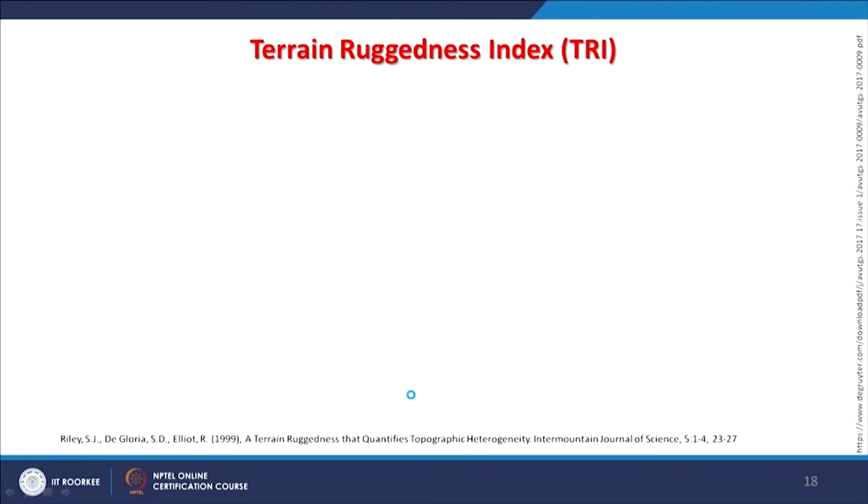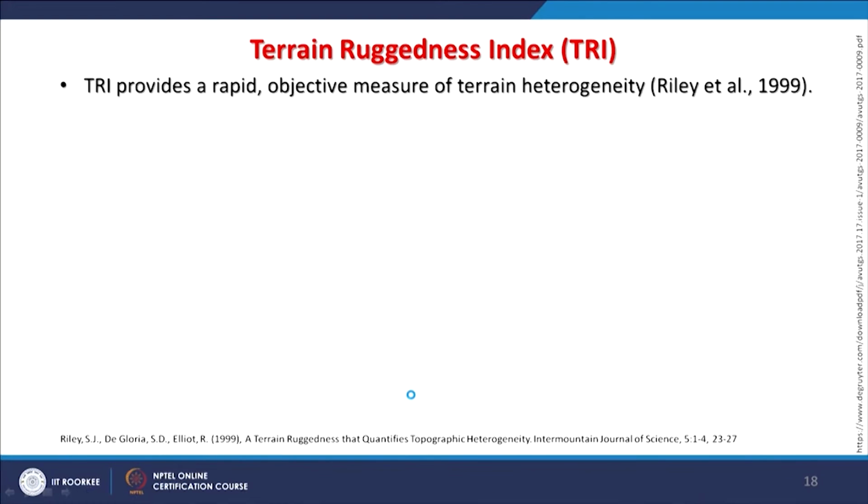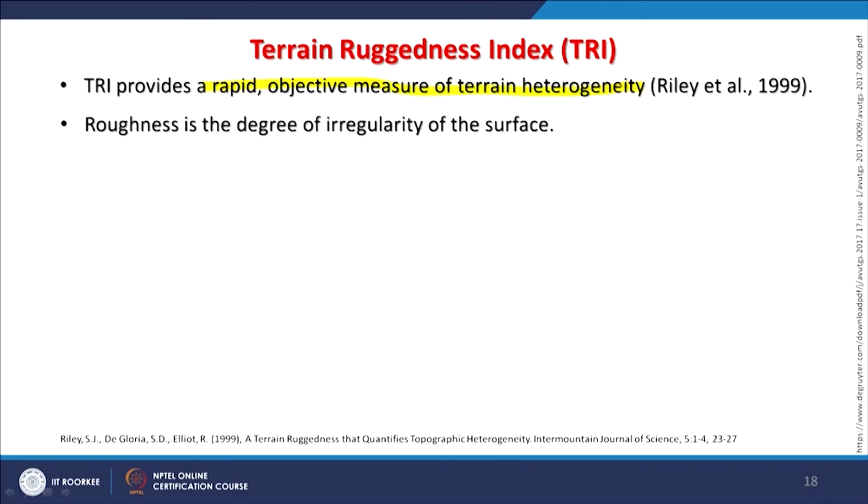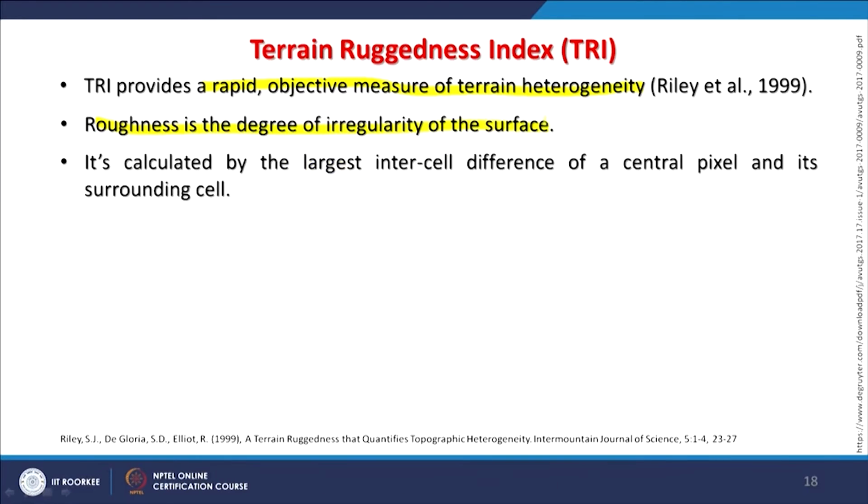Now, there is some variation to the TPI index, that is the terrain roughness index. This TRI provides a rapid objective measure of terrain heterogeneity. So, everything is related with roughness, and this roughness is the degree of irregularity of the surface.